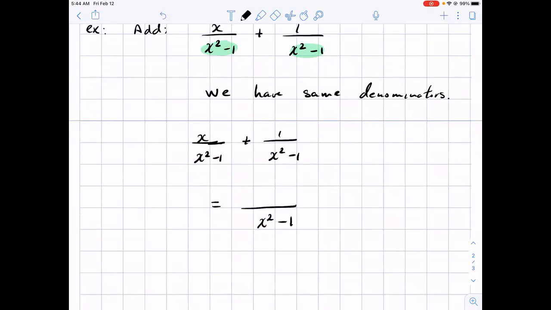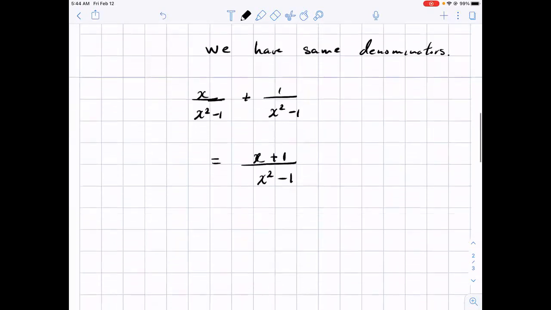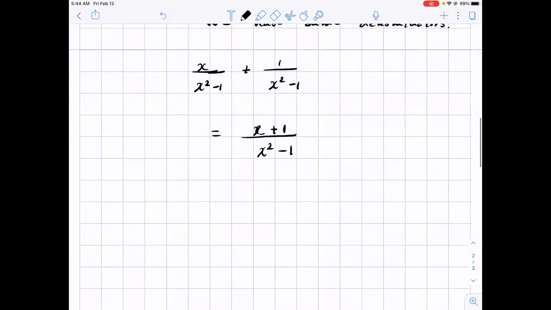And then the numerator, we add 1 plus x. Now we can't add 1 and x, so that stays the same. So we have x plus 1 over x squared minus 1, but we want to check for simplification.